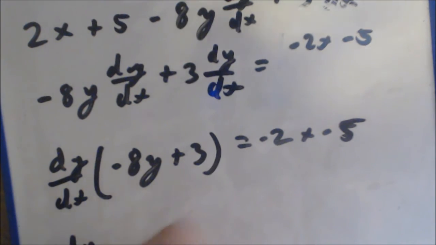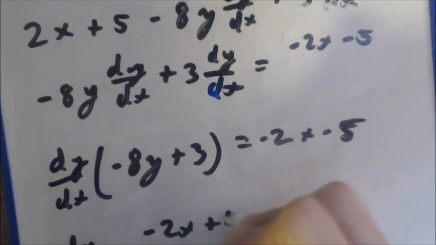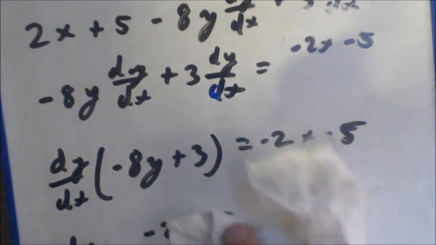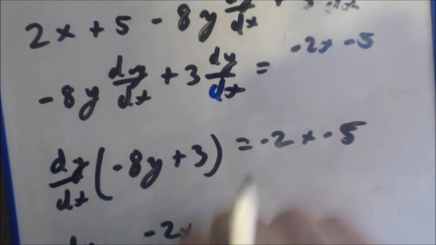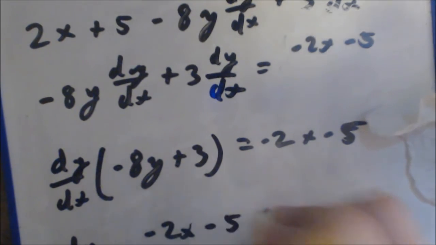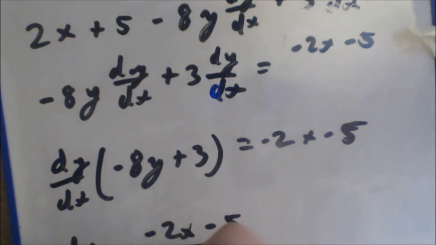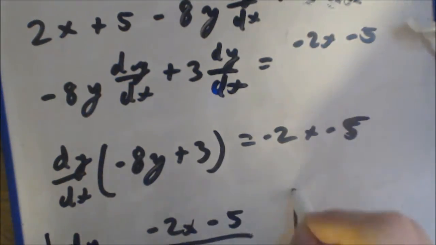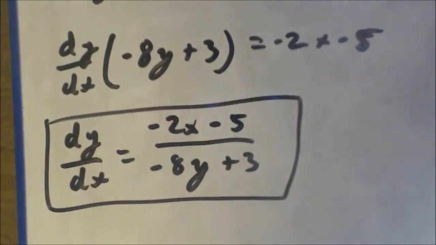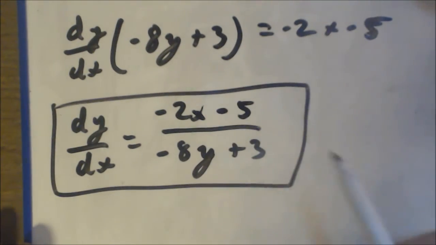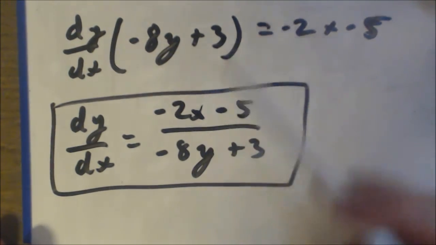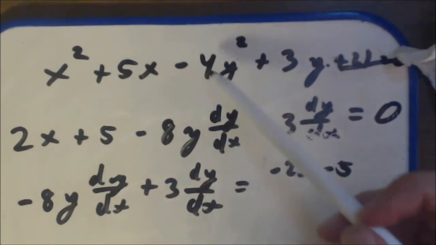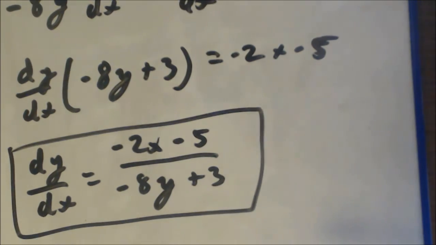We're left with dy dx equal to negative 2x minus 5 all over negative 8y plus 3. And this is the answer to this function up here. When you differentiate implicitly, this is the answer to that equation.